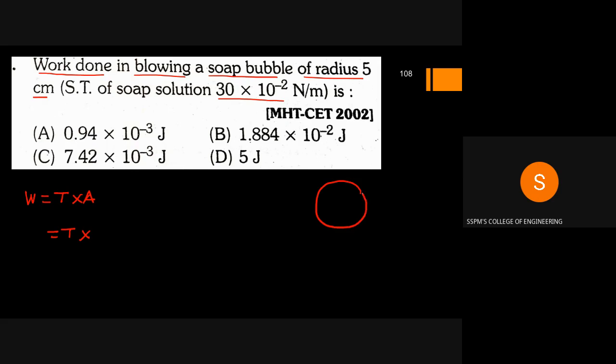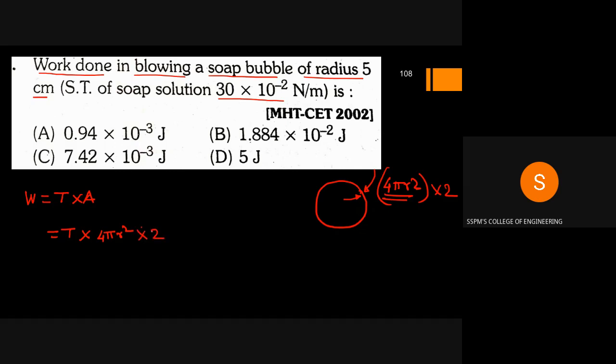Now for this soap bubble, the soap bubble is nothing but a hollow sphere. For a hollow sphere, we have to consider two surface areas: the inner surface area and the outer surface area. The surface area formula for a sphere is 4 pi r square, and the total surface area for the soap bubble will be 2 times that. So here capital A is equal to 4 pi r square into 2.